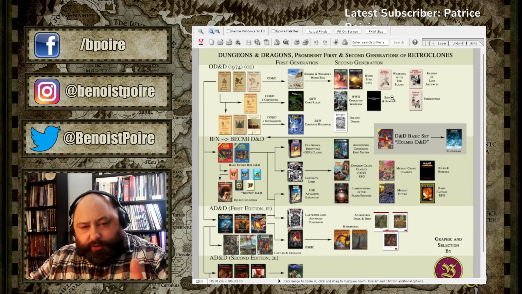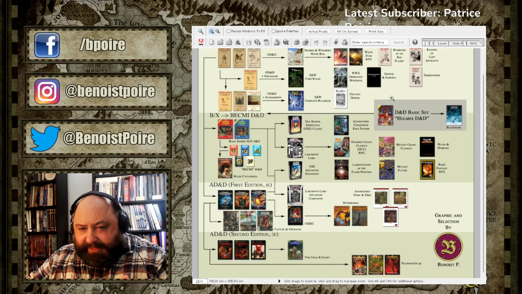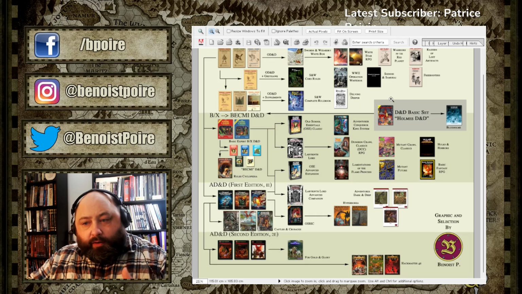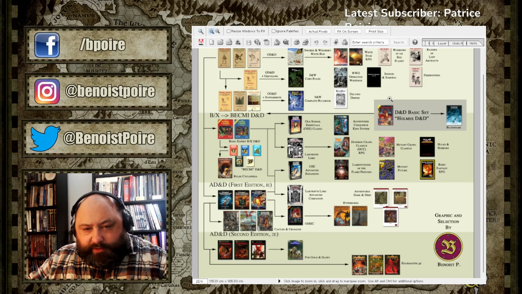The original Dungeons and Dragons game of 1974, the Basic Expert Dungeons and Dragons, which falls into it the Basic Expert Companion Master Immortal sets, which were a revision in 1983 of the original Basic Expert rule set of 1981, and the Rules Cyclopedia, which is a combination of all the BECMI box sets in one volume, minus Immortals.